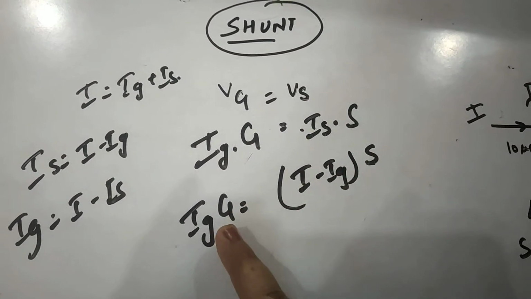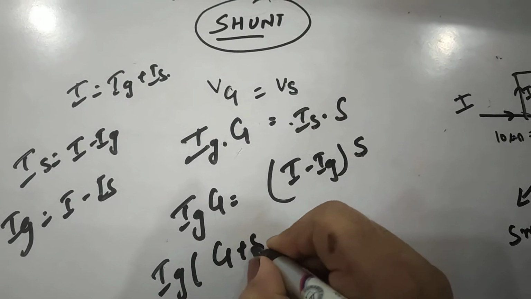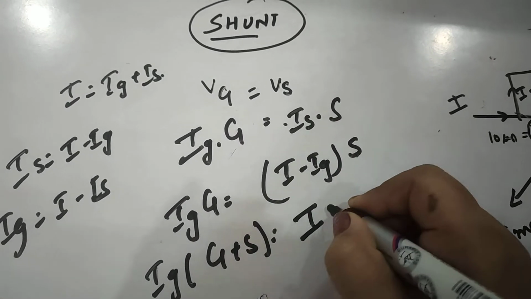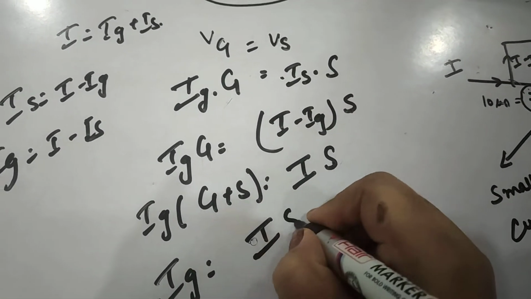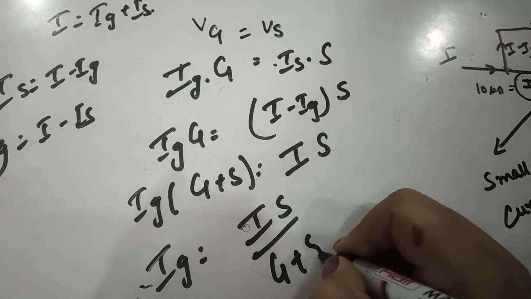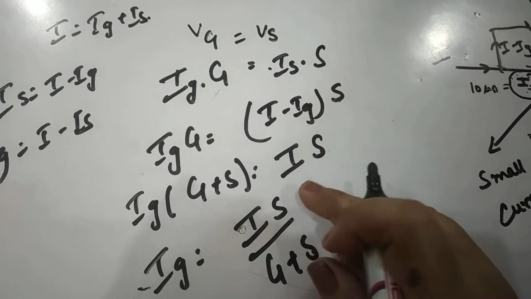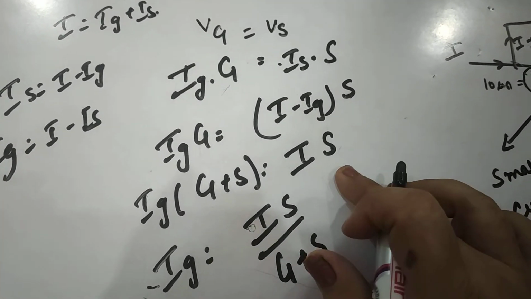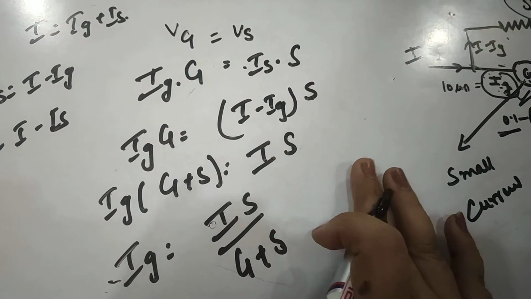Taking Ig to the left hand side, with Ig common, this would be Ig (G plus S) is equal to I S, or Ig is equal to I S upon (G plus S). From this equation we can also find the value of the shunt which is to be connected in parallel to the galvanometer so that it can measure the full current I.